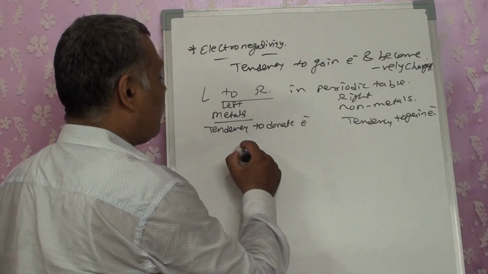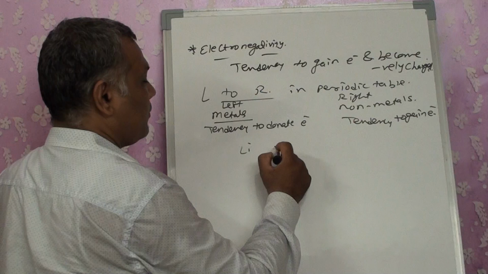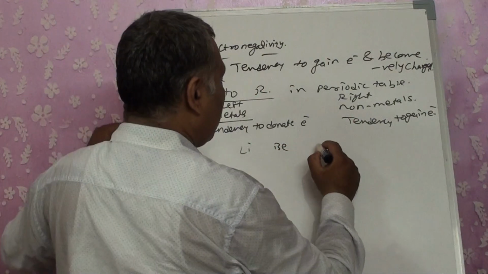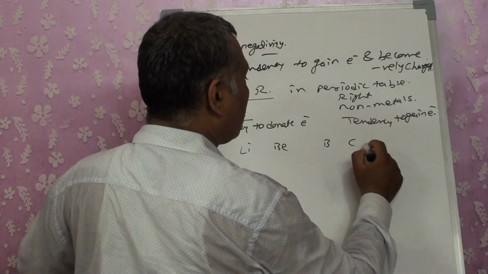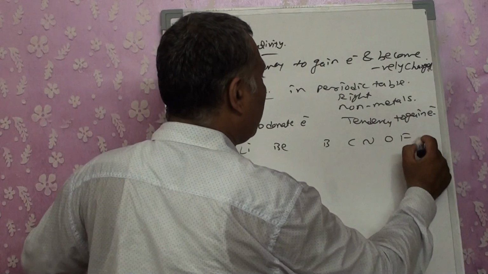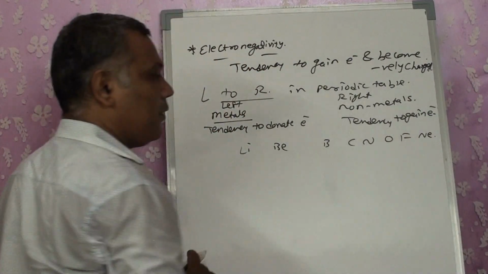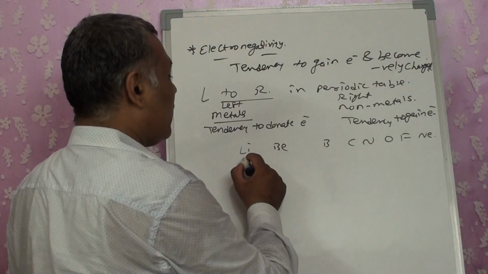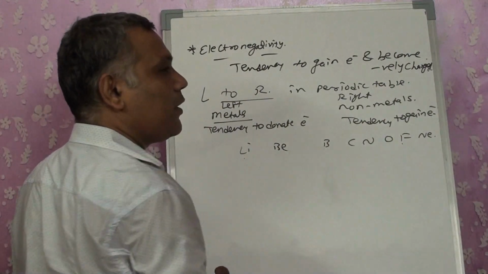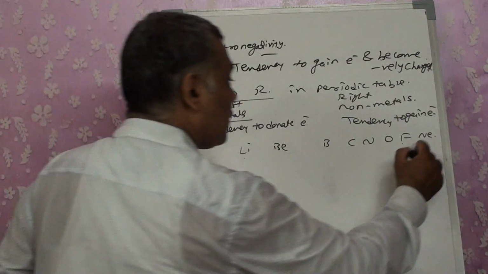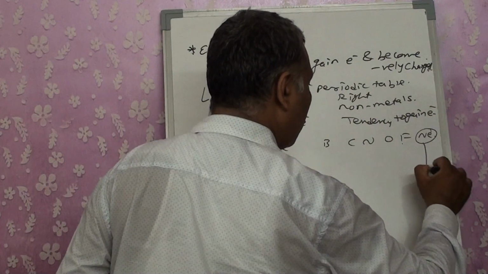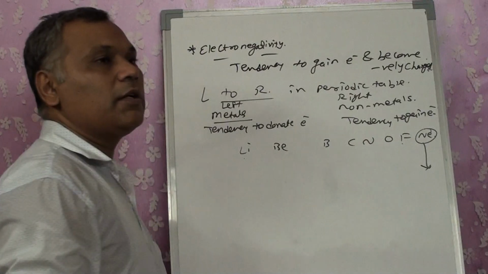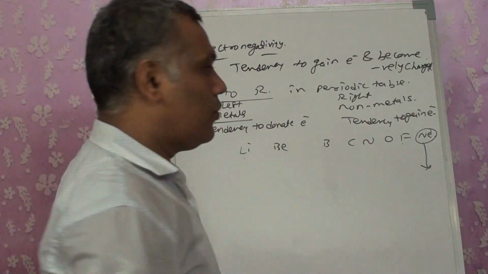What will happen? On the left are metals, on the right side non-metals. Metals have a tendency to donate electrons; non-metals have a tendency to gain electrons. One has a tendency to lose electrons, one has a tendency to gain electrons. So when I move from left to right, like lithium, beryllium, then boron, carbon, nitrogen, oxygen, fluorine, neon: this side has a tendency to donate electrons, this side has a tendency to gain electrons. This is the element, neon, which does not have any tendency, neither to gain nor to lose.